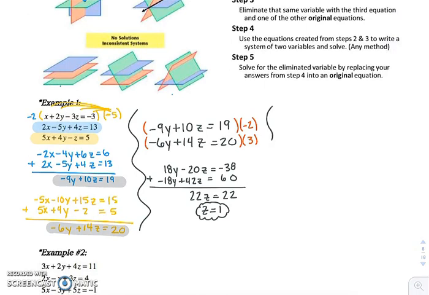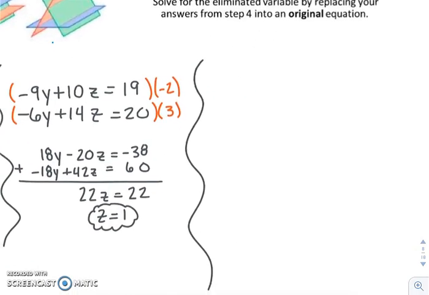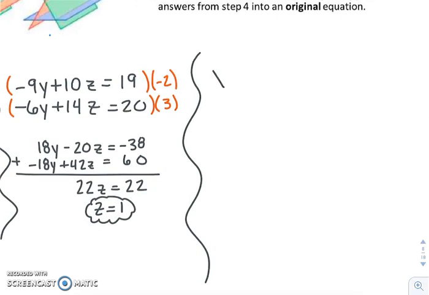Now we're going to plug in z into one of those two equations on the left there that have just the two variables. So we just have to hope that we've done all of our math right so that when we plug them into here, it will work for us.